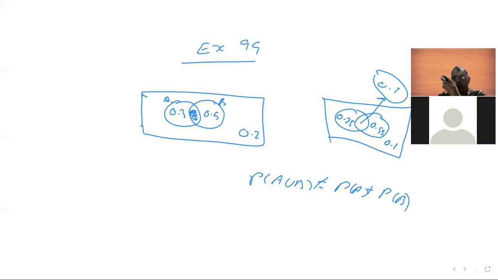In a normal die, we have 1, 2, 3, 4, 5, 6. So even number is 2, 4, 6. I don't get the question. Which pairs of events are mutually exclusive? See, the first event is obtaining an even number, and the second event is obtaining a number less than 5. We have to just check whether they are mutually exclusive or not.